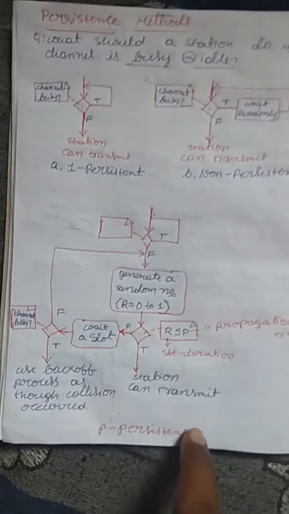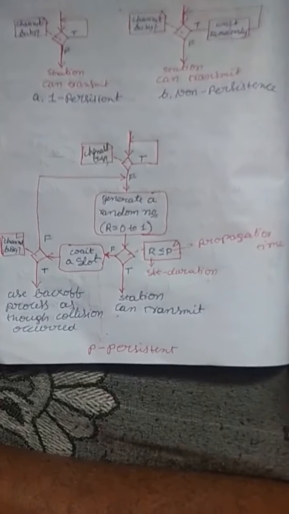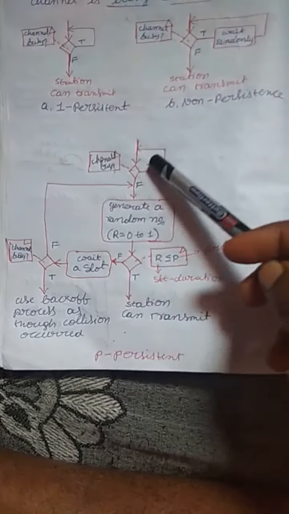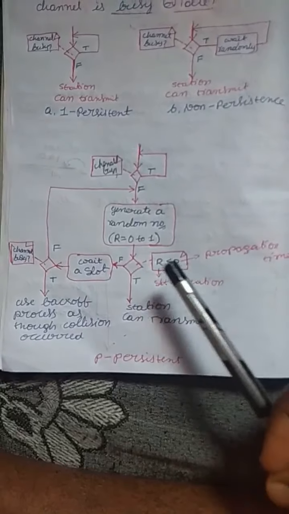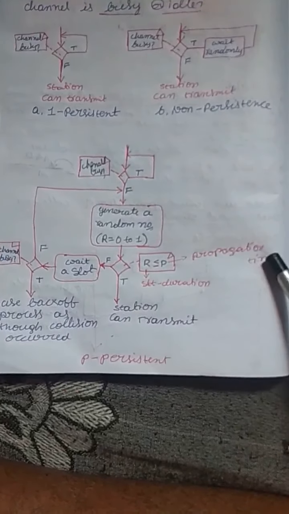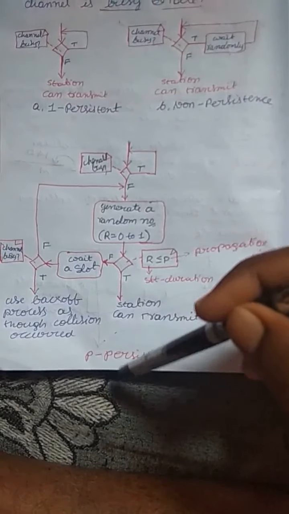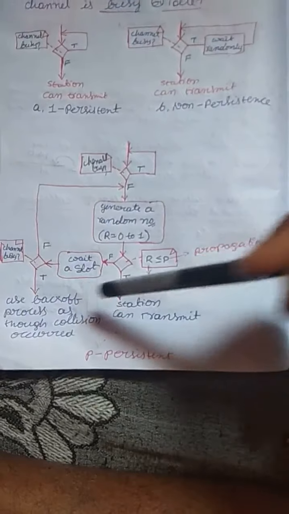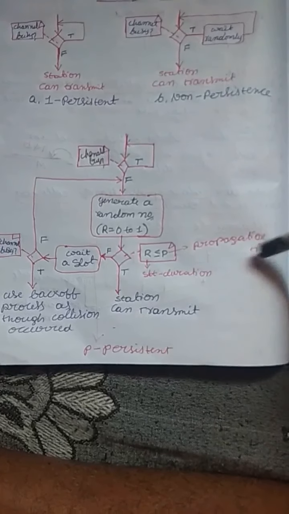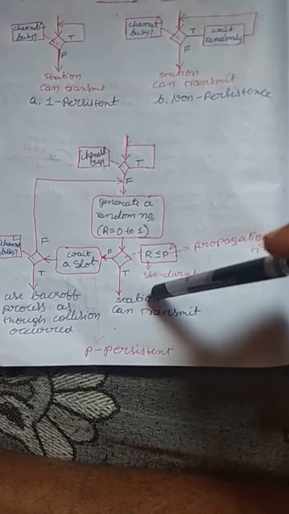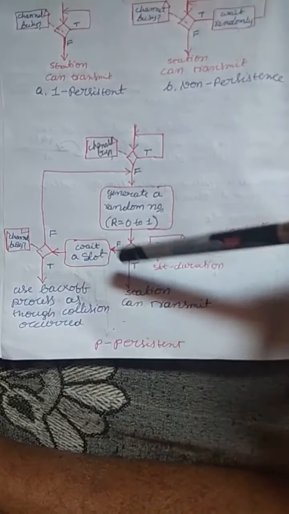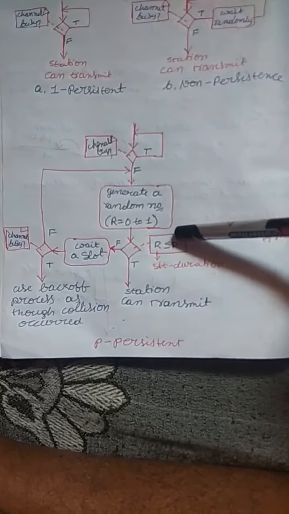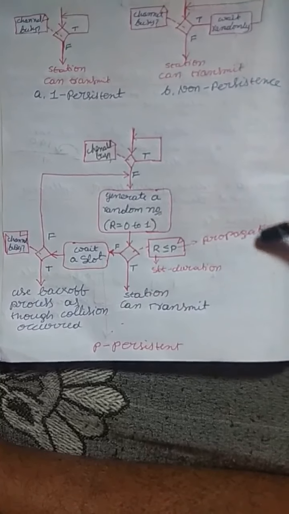Third one is P-persistent. In the P-persistent method, it uses the channel as time slots, with slot duration less than or equal to propagation time.